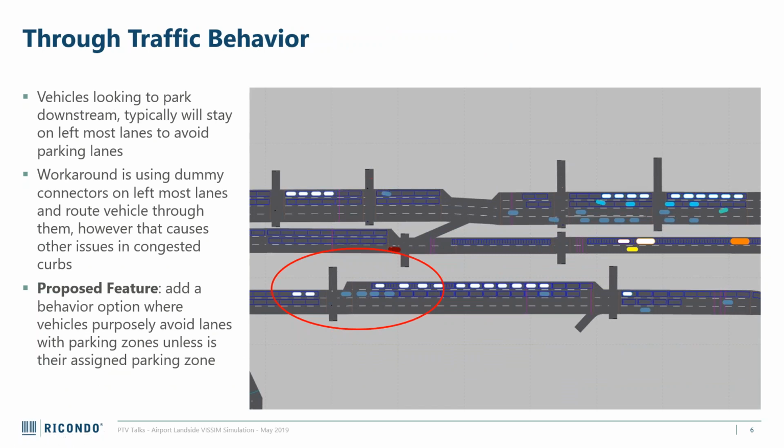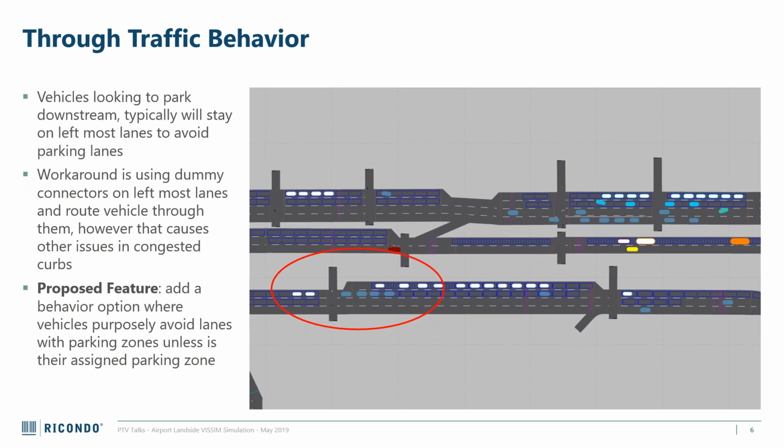Sorry, these vehicles in light blue here are searching. They have been assigned a parking spot, and that parking spot is further downstream on lane number 1. However, instead of using the left lane, which is open, they are stuck on lane number 2 here and not able to get to their destination.